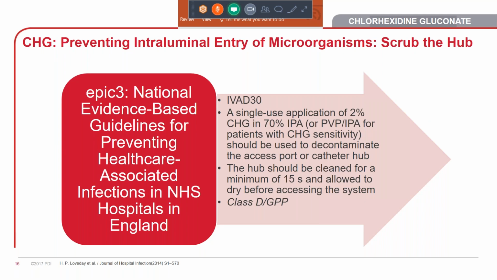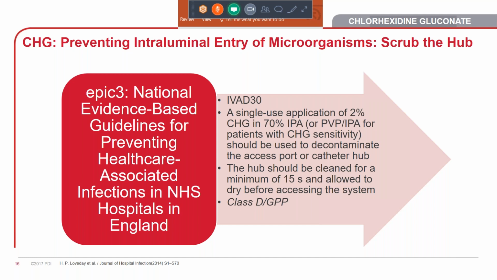However, in the UK, where they have national evidence-based guidelines for preventing healthcare-associated infections called the EPIC 3 guidelines, one of their recommendations is that a single-use application of 2% chlorhexidine and 70% alcohol, or if there is allergy, using povidone iodine and alcohol, should be used to decontaminate the access port or catheter hub.